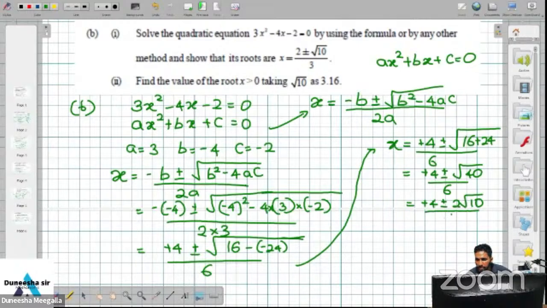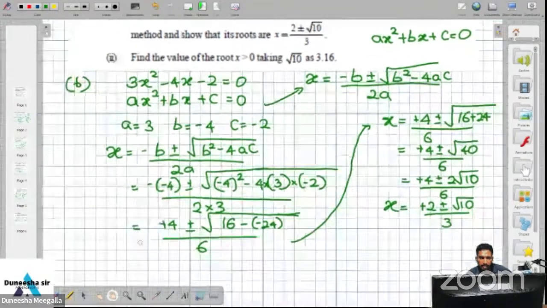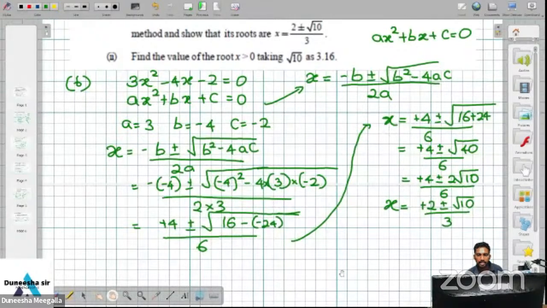Then 6, we can divide by 2. Then plus or minus root 10 divided by 3. Did you get the answer? Yes. Okay.